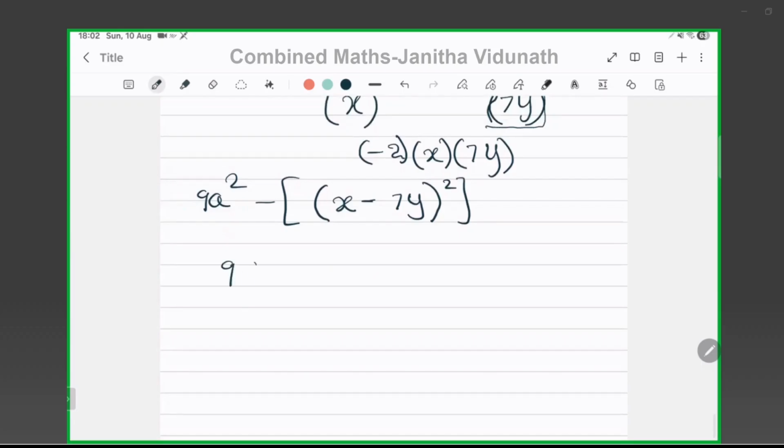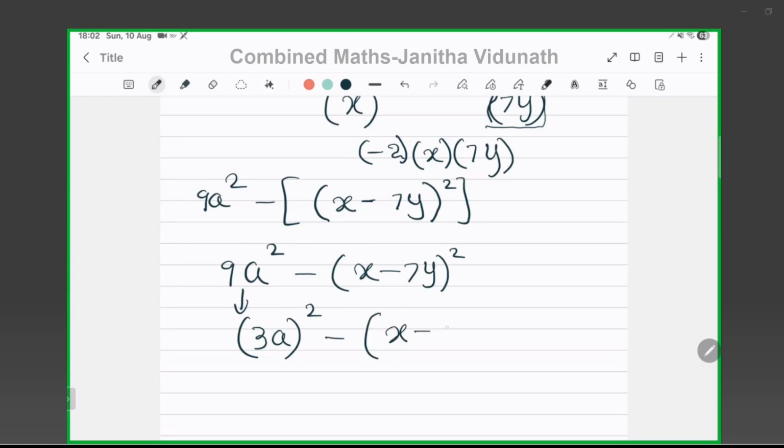Then we can write this as 9a square minus x minus 7y whole square. Then we can write 9a square as 3a whole square. And we have minus x minus 7y whole square. Here we can observe that this is simply a difference of two squares.